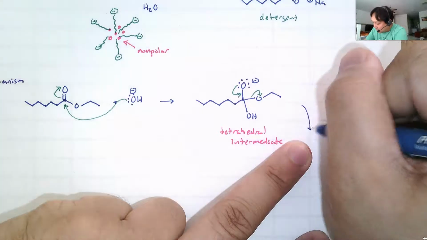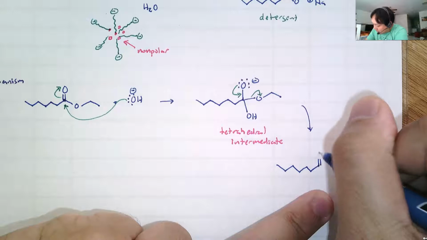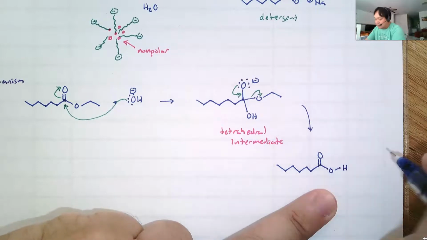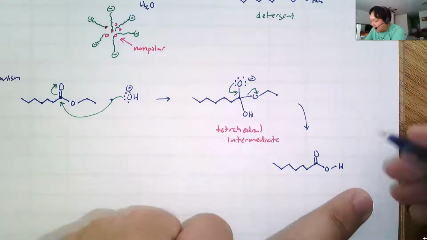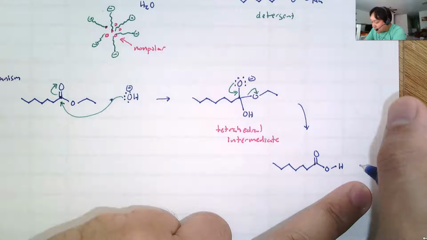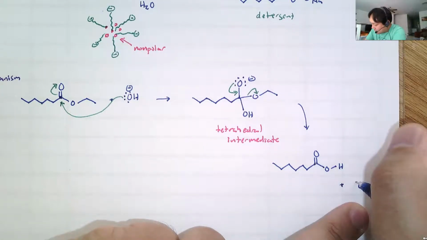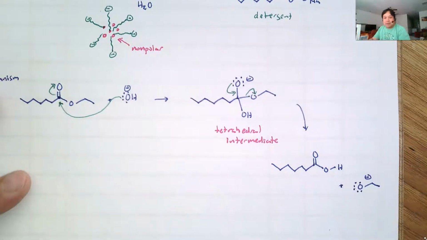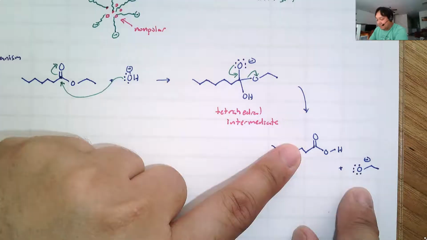I'll go down here. What do we have? Double check the number of carbons so I don't miss any. But I released an O ethoxide, O ethyl minus. You can't keep these separate.